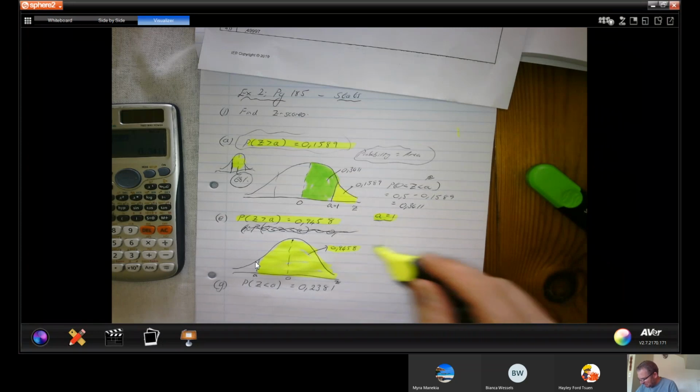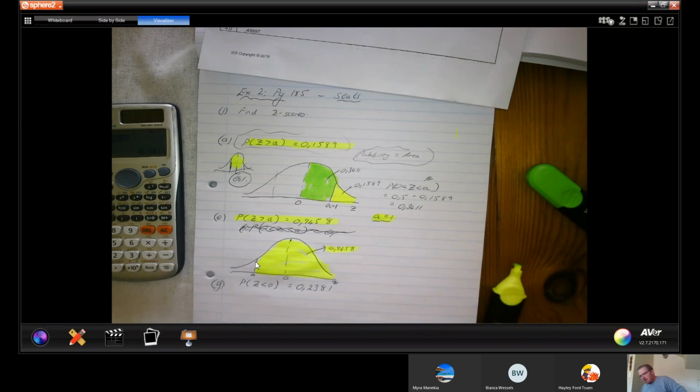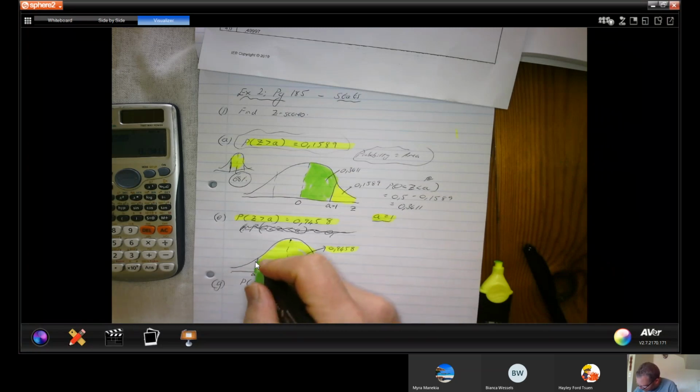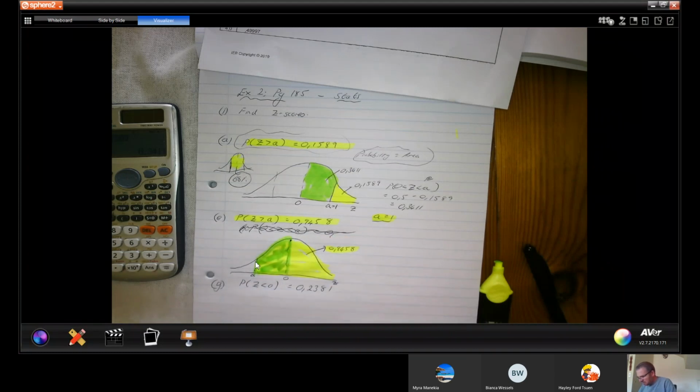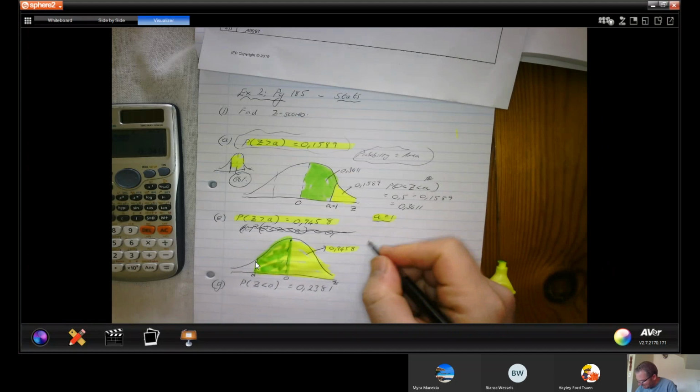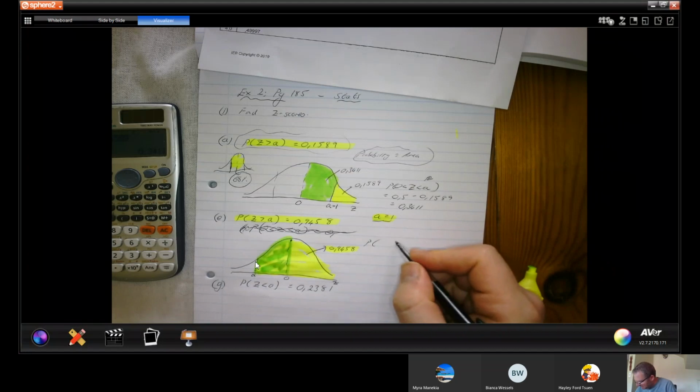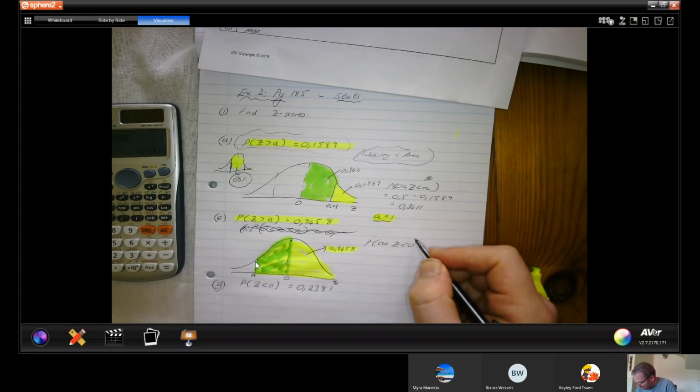But in order to read from the normal distribution table, I'm going to need to know this green area. In other words, the probability that Z is less than 0 and greater than this A.